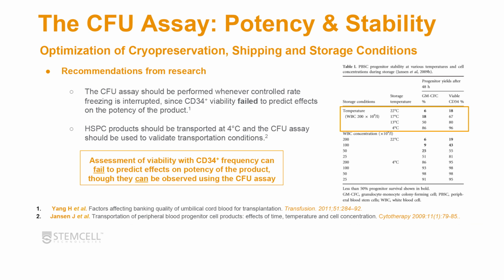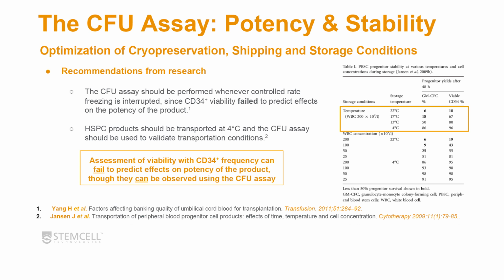He evaluated, and you can see in the orange box in the table on the right, that if you stored these cells for 48 hours in anything warmer than 4 degrees, there was an effect. In fact, over 10 degrees, viable CD34 was still 80% on these fresh cells, but the CFU-GM output was only 50%.